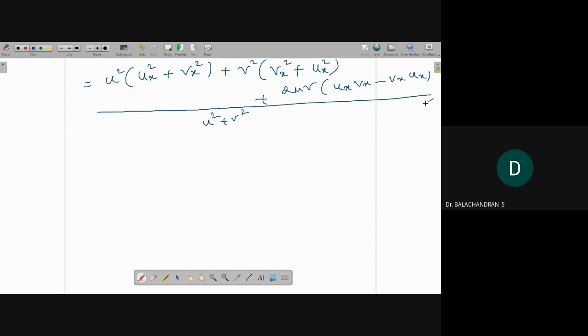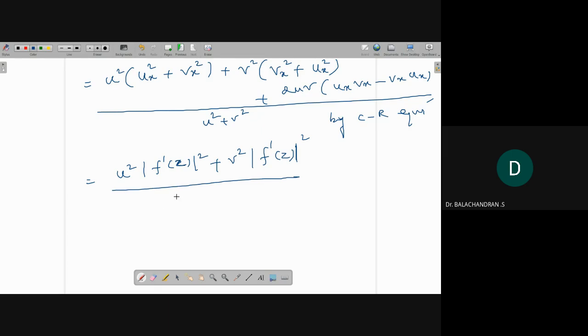So just by the CR equations, this is u square into modulus of f dash of z whole square plus v square into modulus of f dash of z whole square, and this term is 0, divided by u square plus v square.